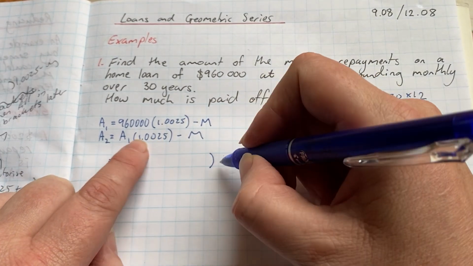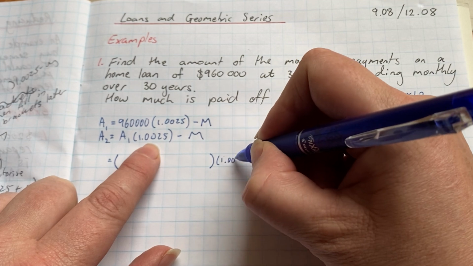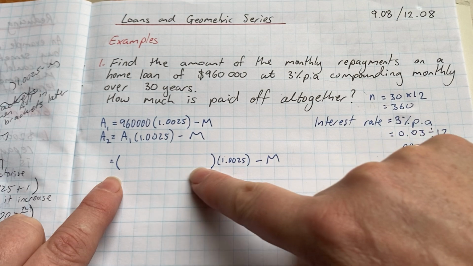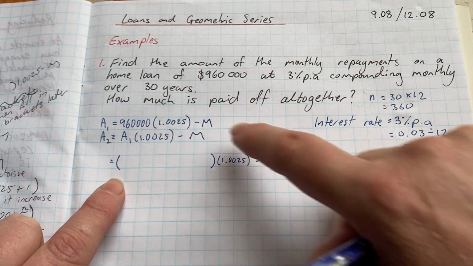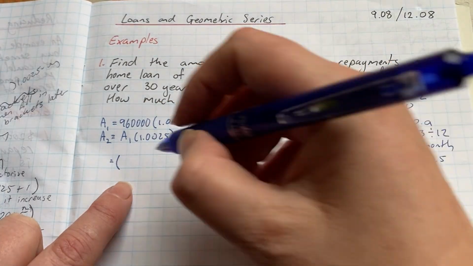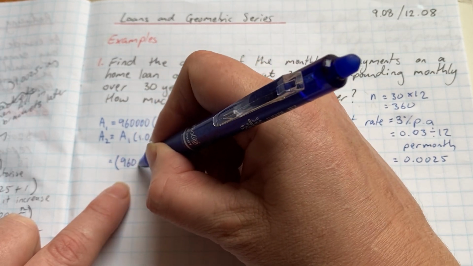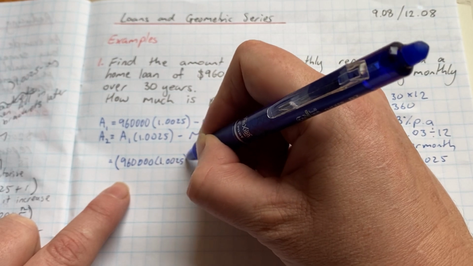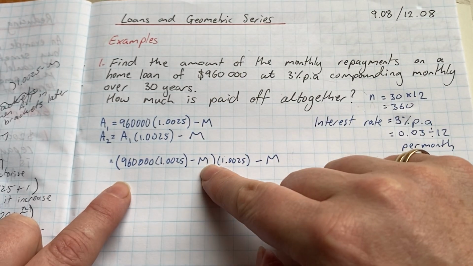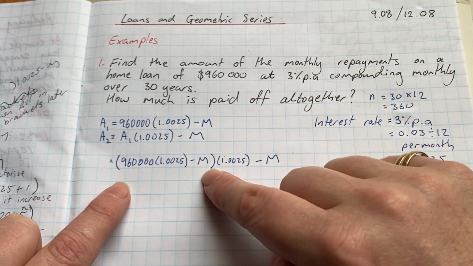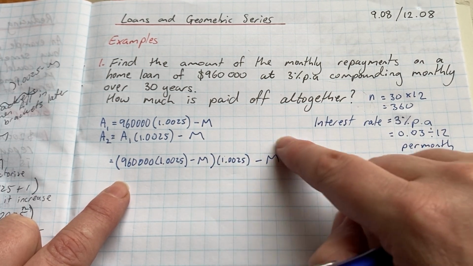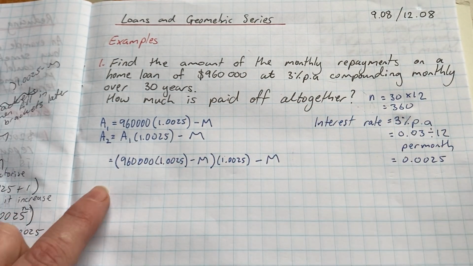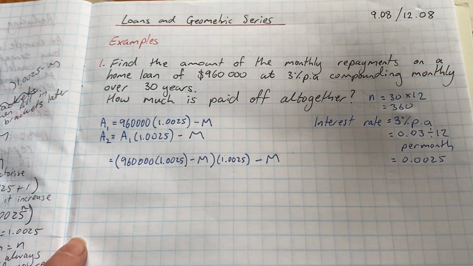Then write the times 1.0025 and the minus M. Write all that first, then fill in what A1 is. The reason for that is I've seen a lot of students in the past get to the end of their A1, write this minus M, and kind of think it's that minus M, and they stop and get confused, or they'll write that but forget this minus M. But if you write that all out first with the big brackets, you're much less likely to forget.